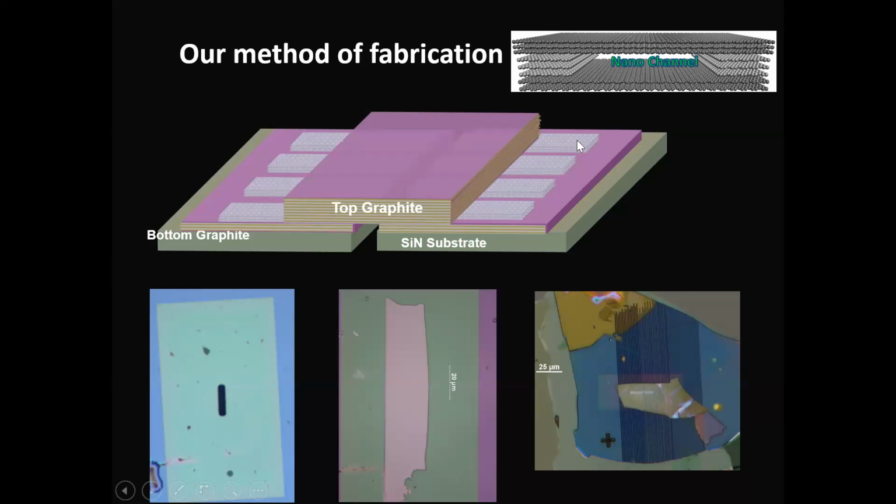You can think of any kind of configuration. This width is around 130 nanometer, limited by the resolution of the electron beam lithography, but similar to heterostructures, you can make any combinations. So here also these fluidic channels you can make in any combinations, which is why we can have several kinds of channels.